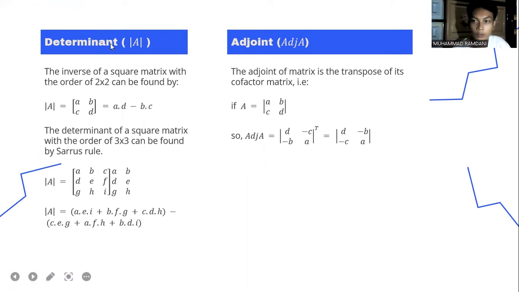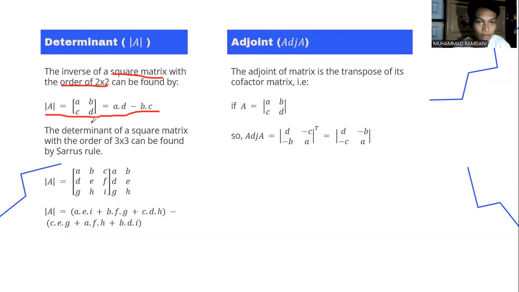First, what is the determinant? We can find the determinant of a square matrix with 2 times 2 order by A times D minus B times C. This formula is only for a square matrix with 2 times 2 order.